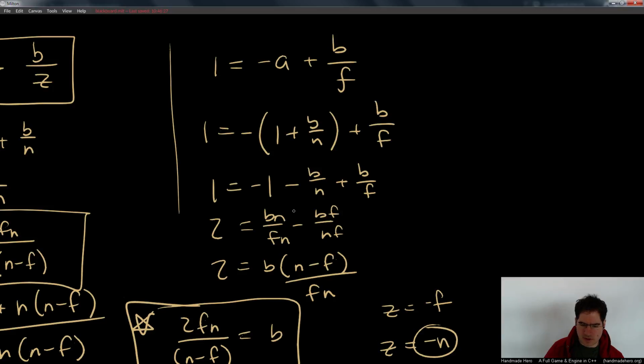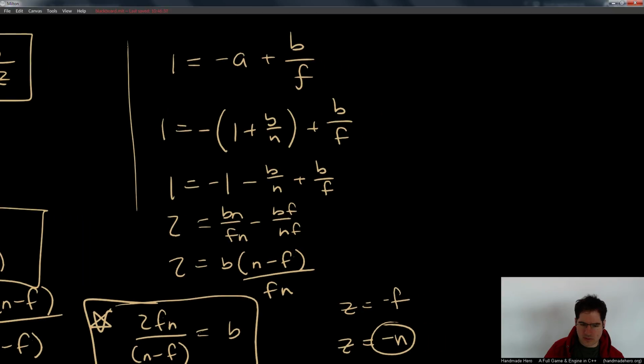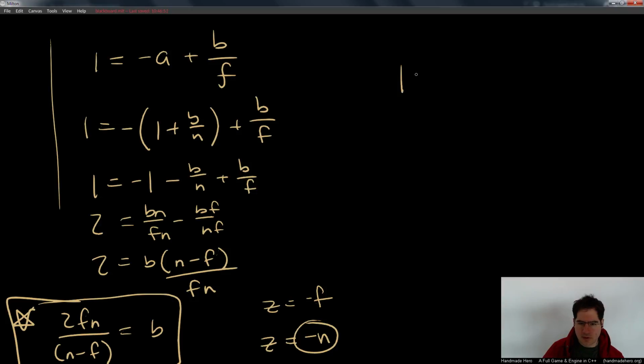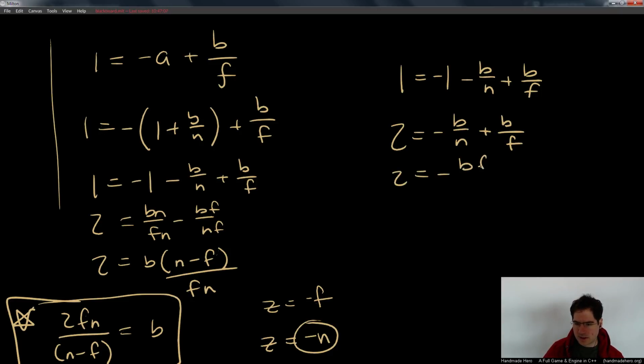So that's what we have here as well. Let me just go ahead and do that out. So 1 equals -1 negative b over n plus bf. That's 2 equals negative bn plus bf, right? That's 2 equals negative bf nf plus bn, oops.